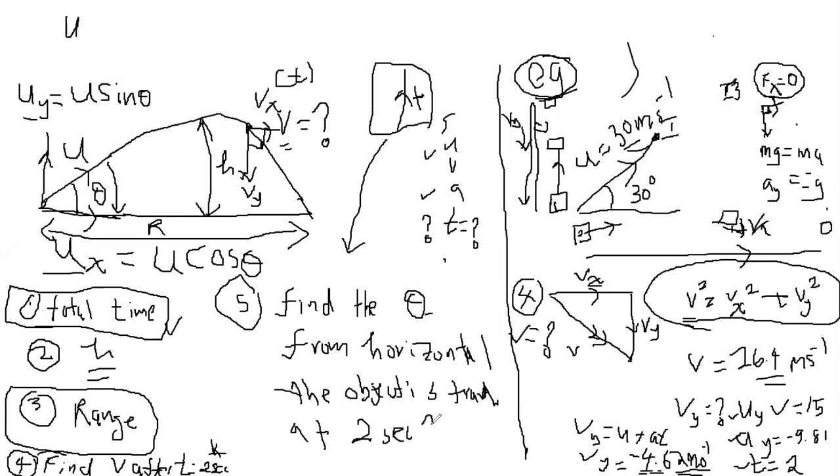Do you understand the question? At 2 seconds here, it's going down, right? At 2 seconds it is going down. The question is, what angle does it make from the horizontal?